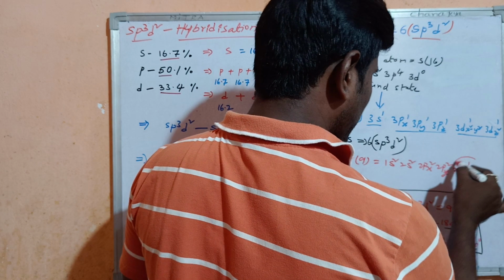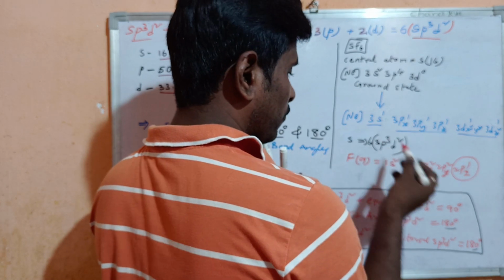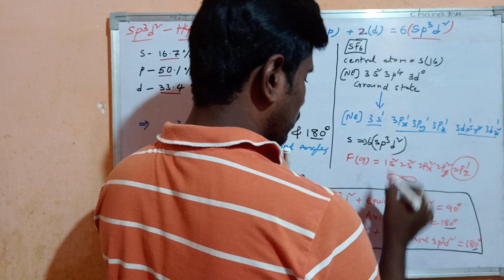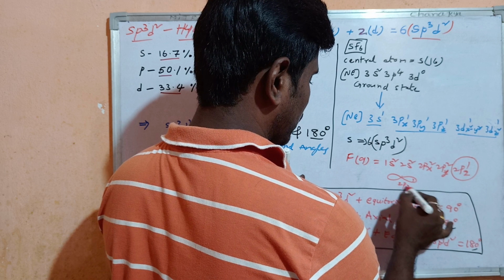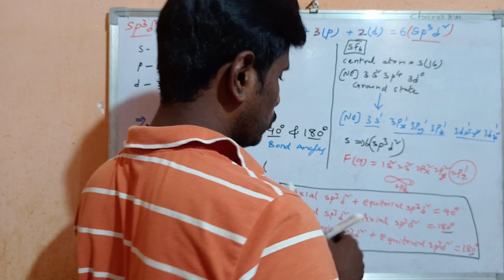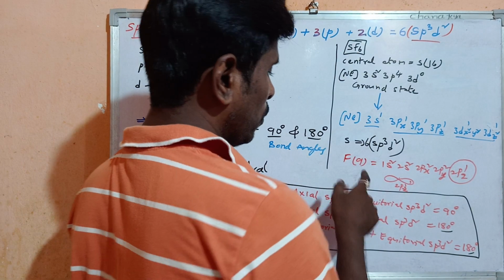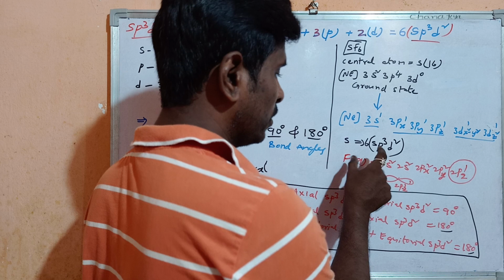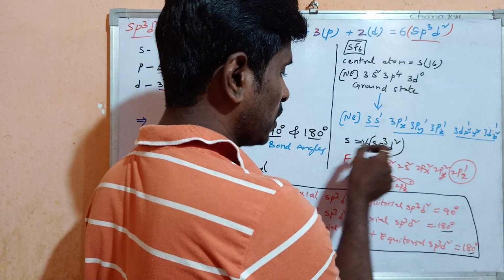Now this 2pz1 orbital is bonded with a sulfur sp3d2 orbital. Okay, the 2pz orbital with one electron. How many fluorines are there? 6 fluorines are there. Now 6 2pz orbitals of fluorine bond with 6 sp3d2 orbitals of sulfur.